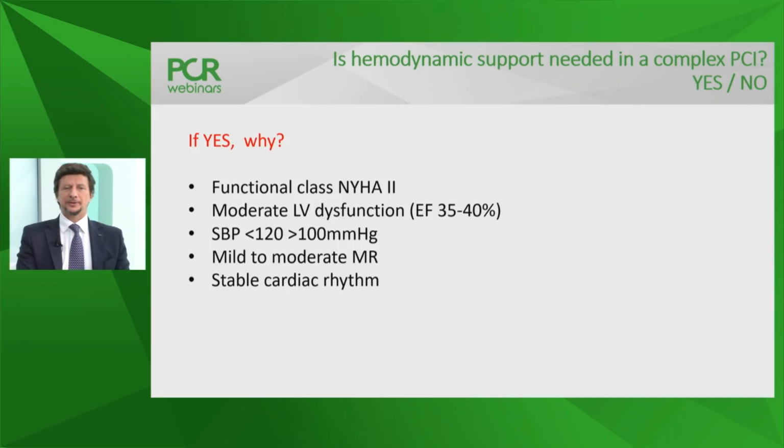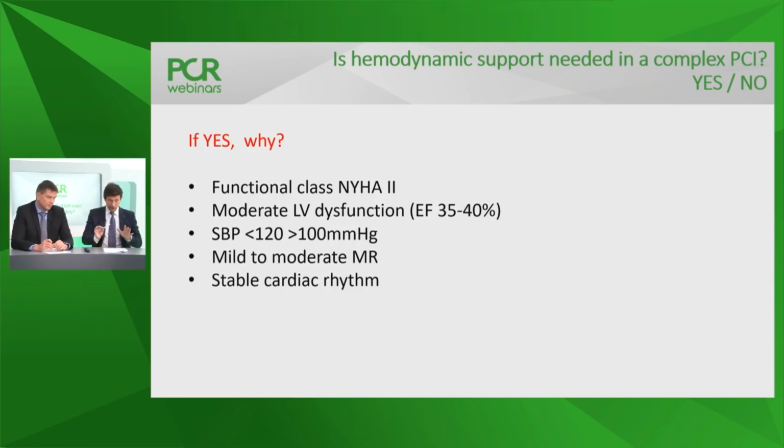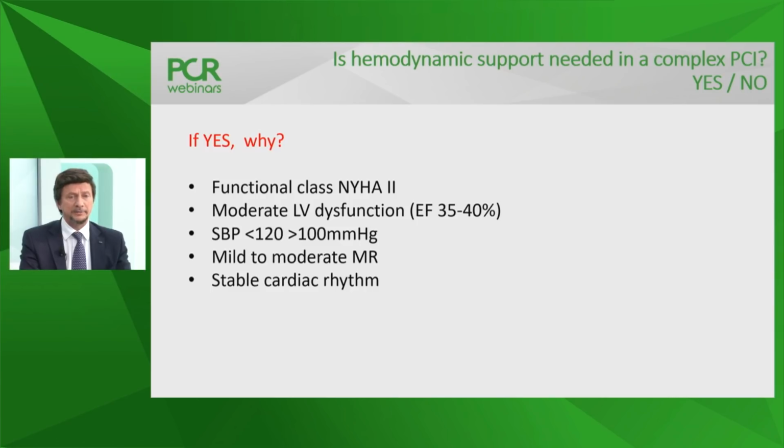Especially if blood pressure is not that much more than 100 millimeters of mercury, and if you have secondary LV dilatation and moderate MR. What is even more indicated is when you go with blood pressure below 100. I would never touch electively, not in an emergency, electively a left main like this with a systemic blood pressure below 100 or needing inotropes to reach 100.